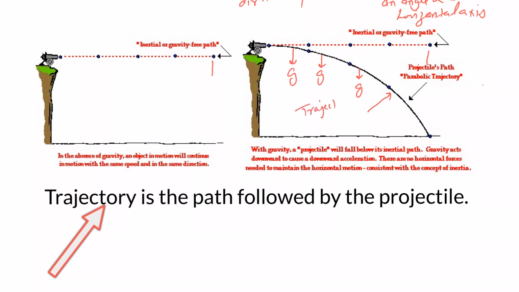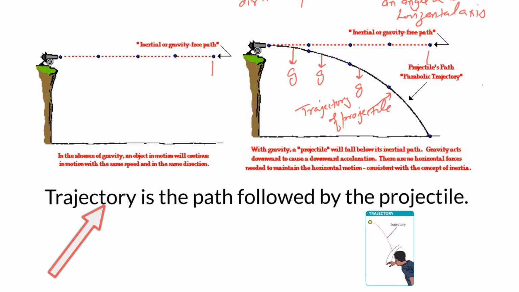So the path followed by the projectile is called its trajectory. We can also show it with another example: a ball is thrown by this man, then the path it follows is the trajectory. So trajectory is the path followed by the projectile.